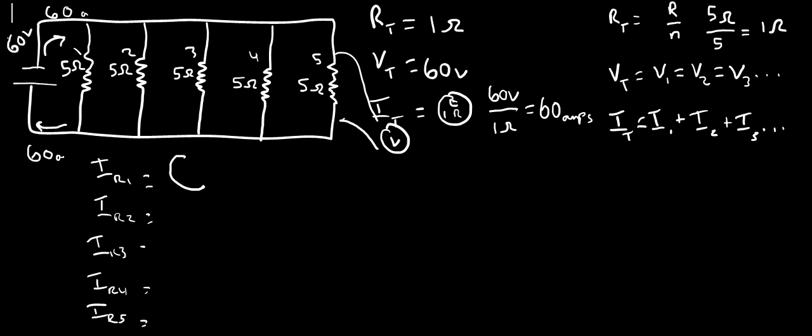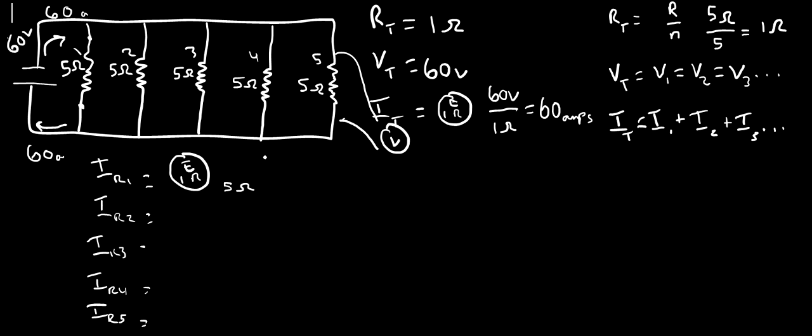Ohm's law again is E equals IR. What do we have that we could apply Ohm's law to here? We have the resistance, which is 5 ohms, and we have the voltage across this resistor, from this point to this point. It's the same from here to here.